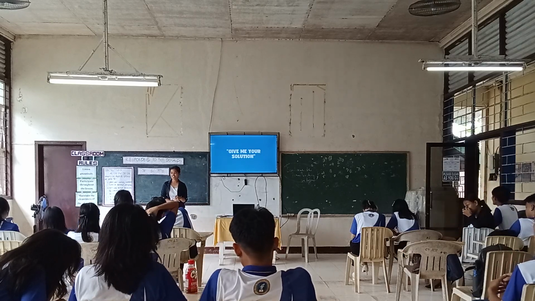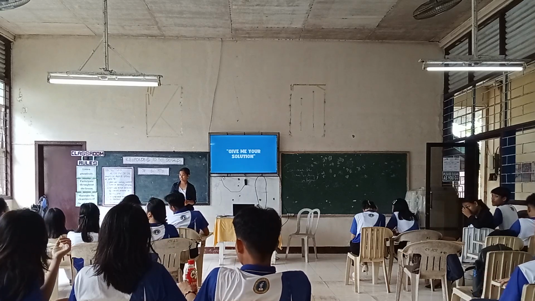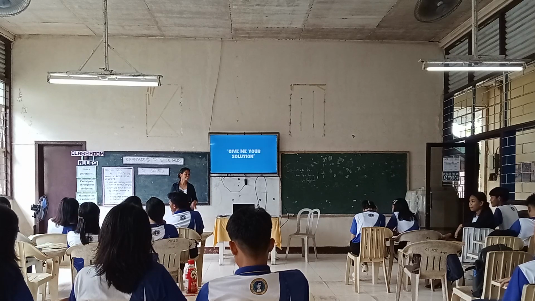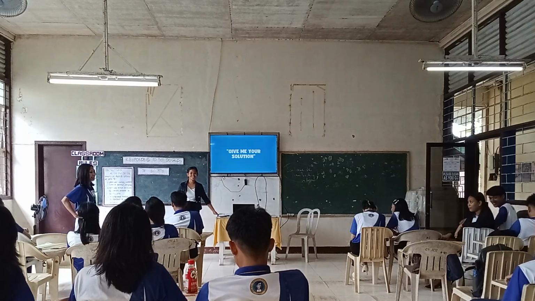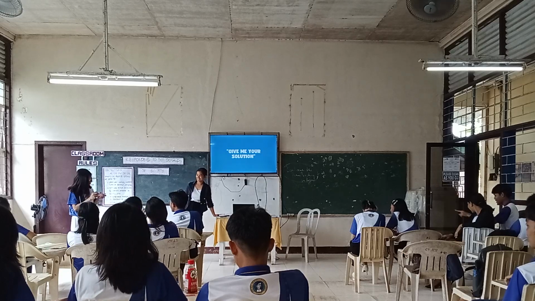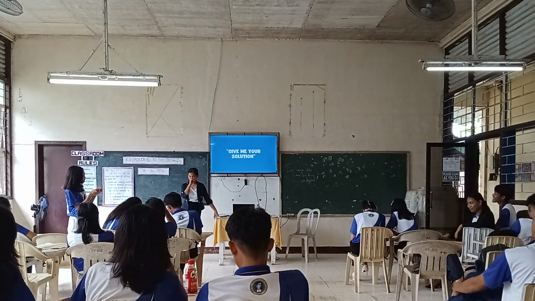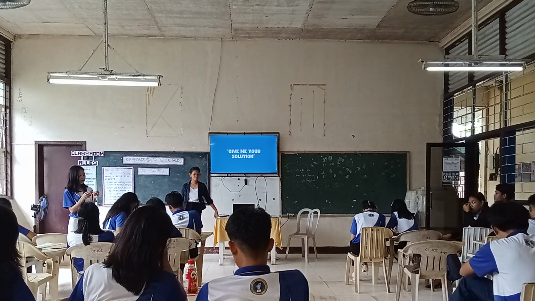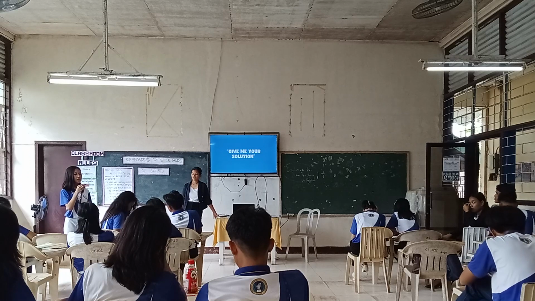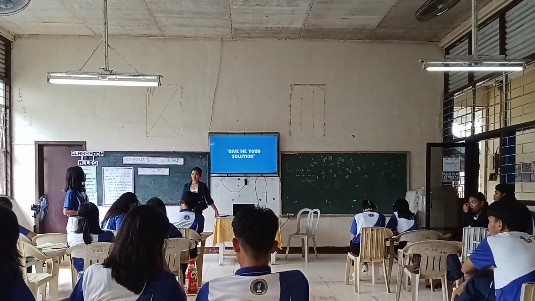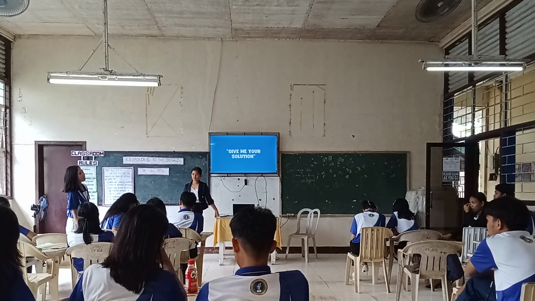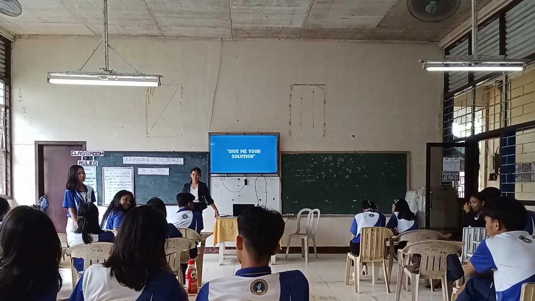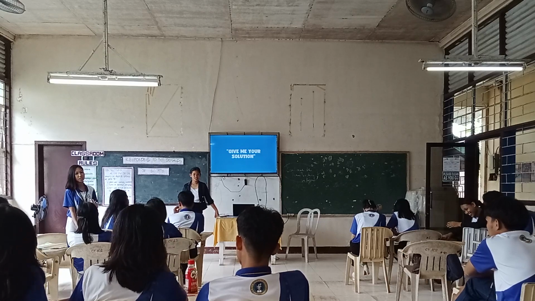And of course, the last one we have is the environmental demand. Okay, so we are tasked to give a solution regarding environmental demand, whose underlying issue is climate change. Let us first define what climate change is. Climate change is the changing of weather patterns, meaning it is abnormal and unpredictable.